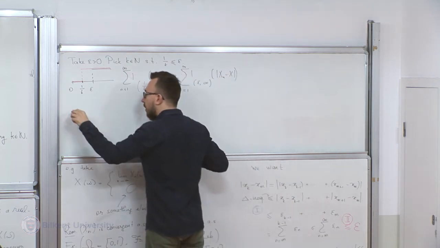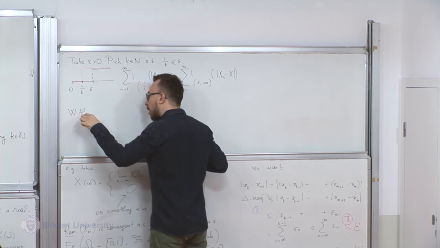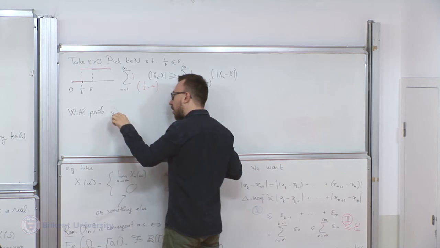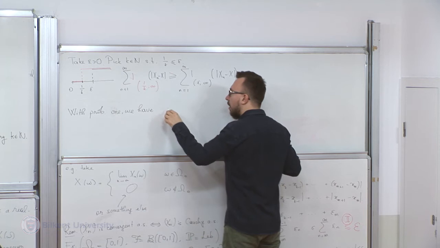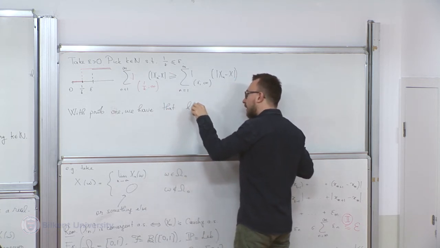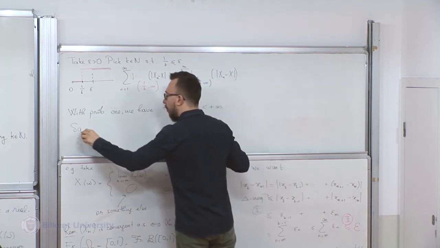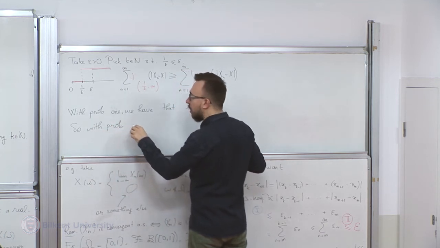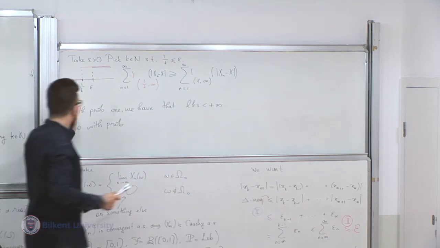So with probability 1, we have that the left-hand side is less than plus infinity. So with probability 1, no, I'm arguing wrong.